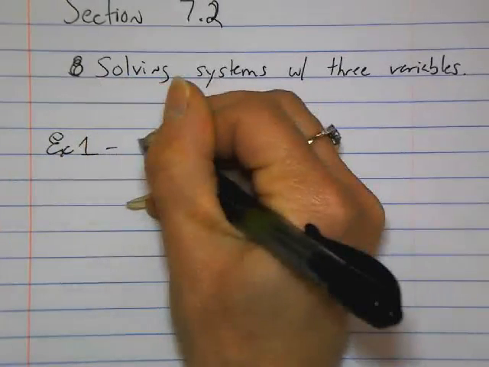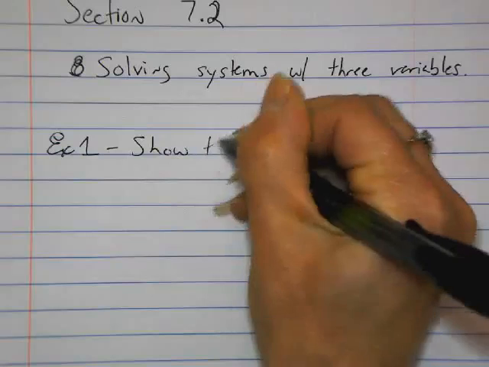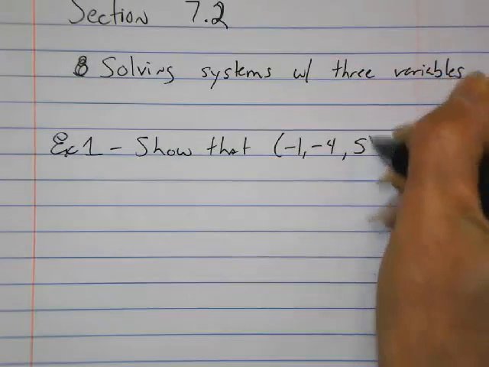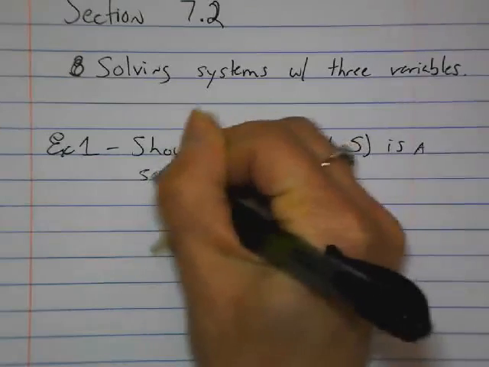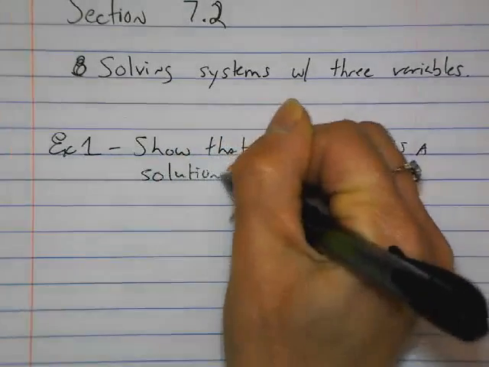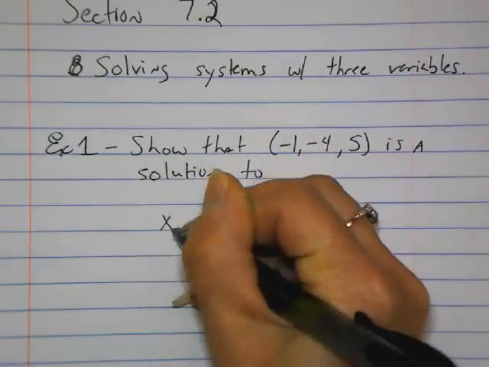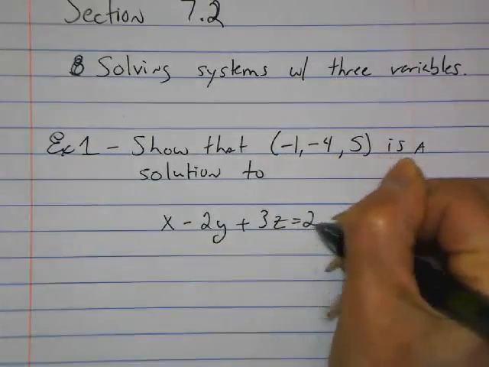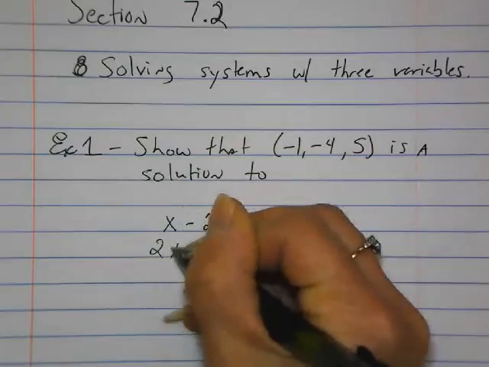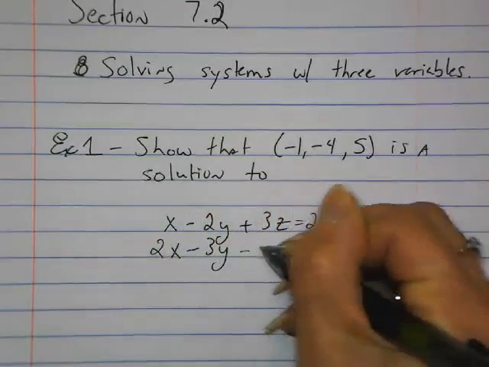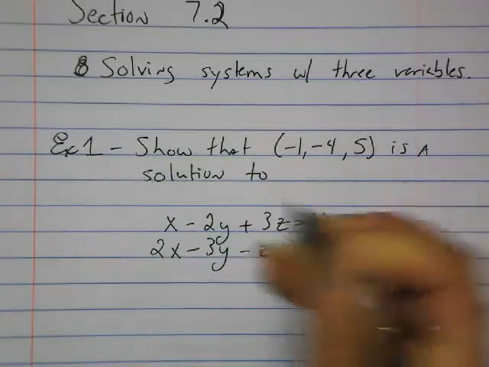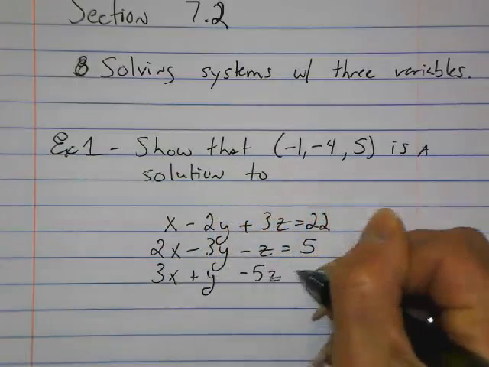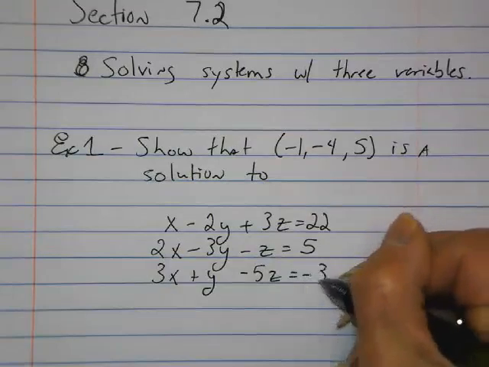So example 1. Show that (-1, -4, 5) is a solution to x minus 2y plus 3z equals 22, 2x minus 3y minus z equals 5, and 3x plus y minus 5z equals negative 32.